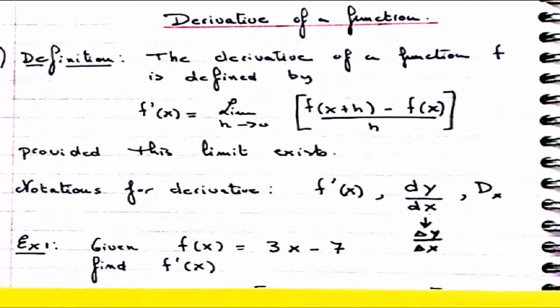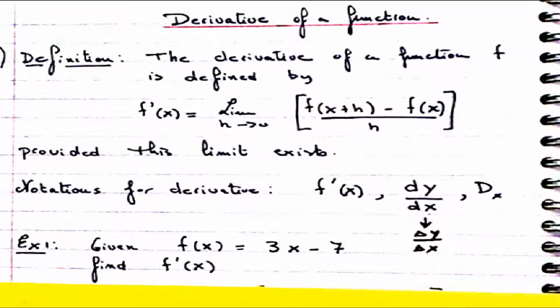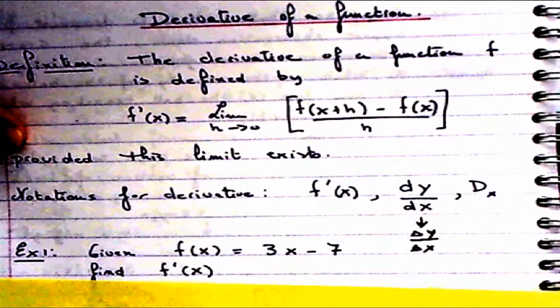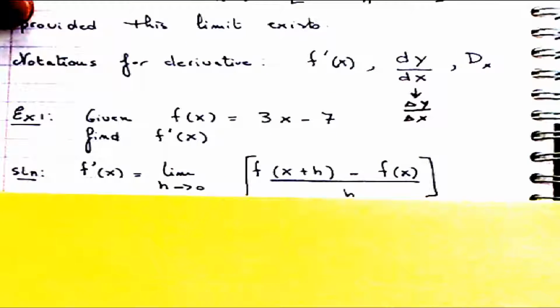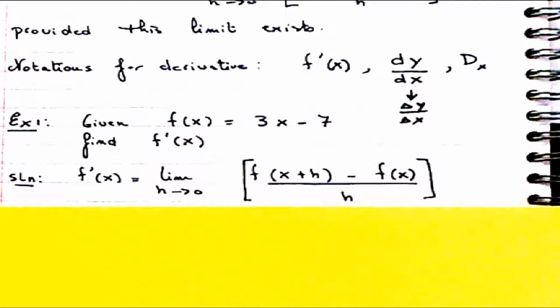Now let's do a question here. Example 1: given a simple function 3x minus 7, find the first derivative. So how do we do that? First, we apply the definition I just gave you earlier, so you write down the definition over again.